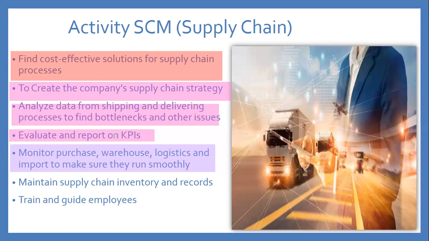Okay, now the next one is maintaining supply chain inventory and records. So how can you maintain this? Supply chain inventory is a very important and essential part of the company. Using historical data, we can understand future forecasting.